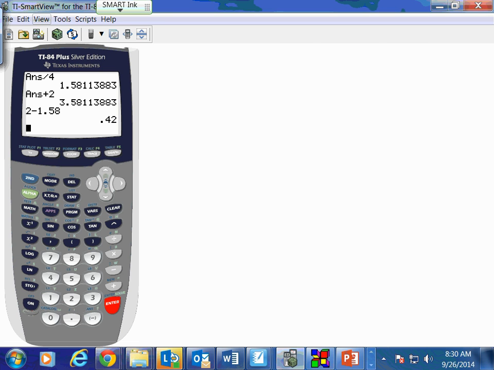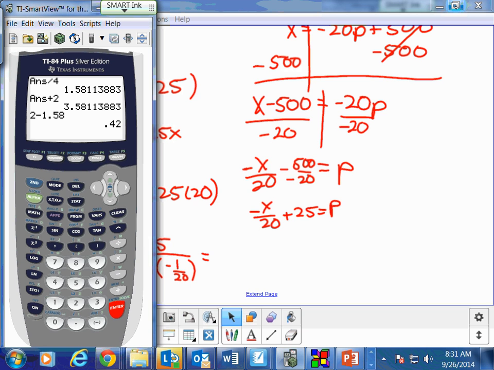Just type negative 25 divided by 2 times negative 1 divided by 20. So that produces 250.